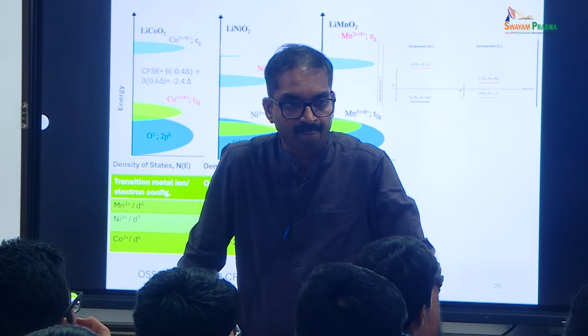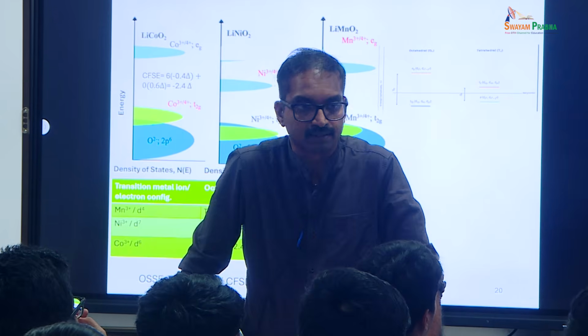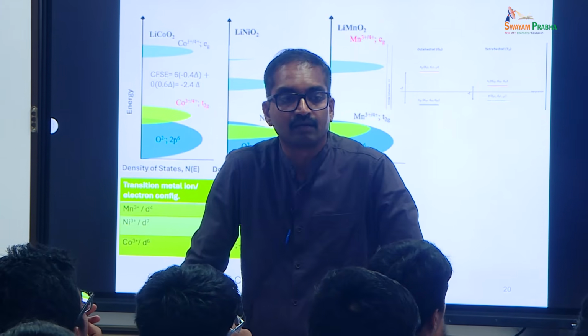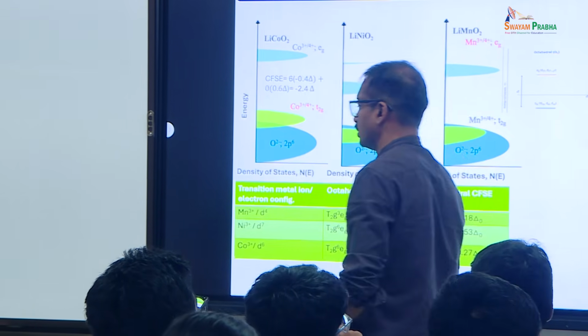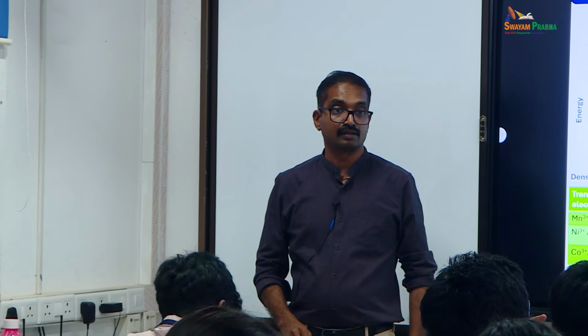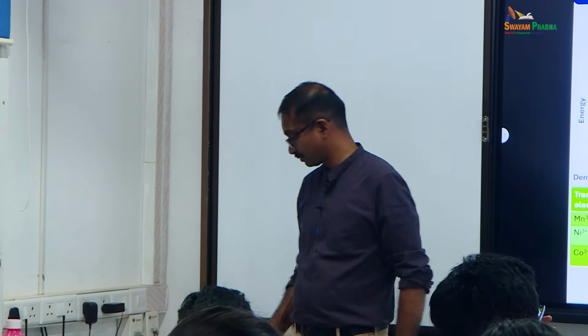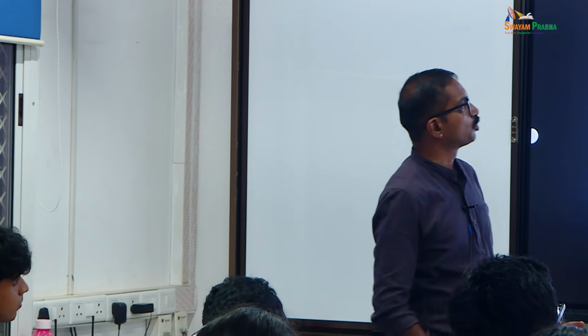Occupancy percentage? 50%. What about occupancy in the tetrahedral void? 12.5. 1/8. 12.5. Correct?